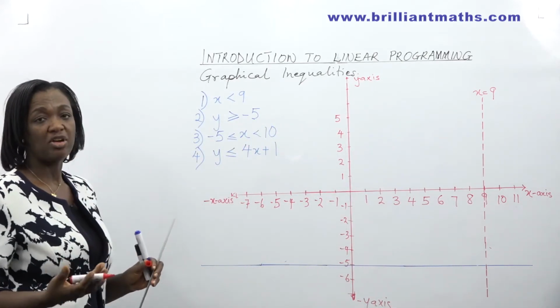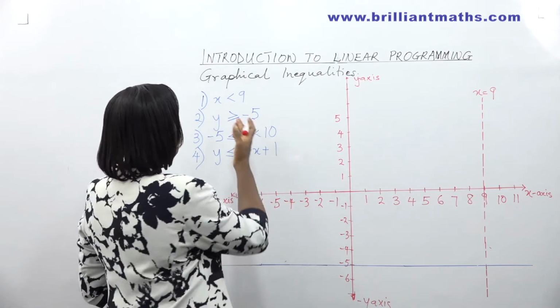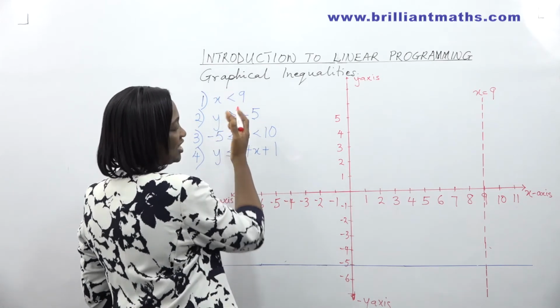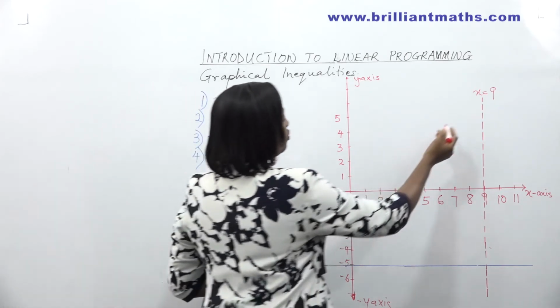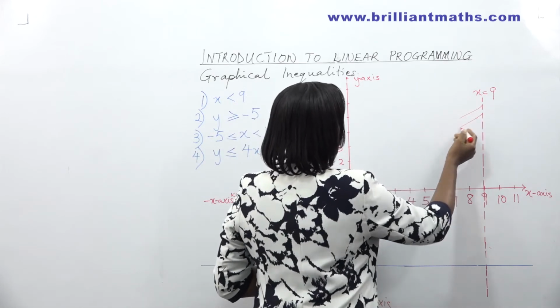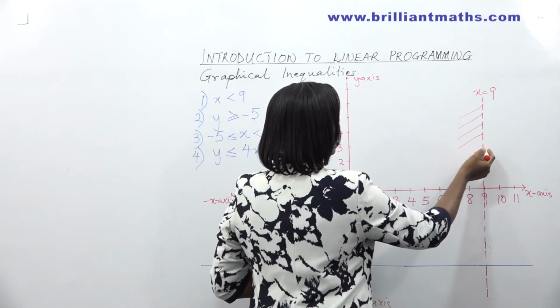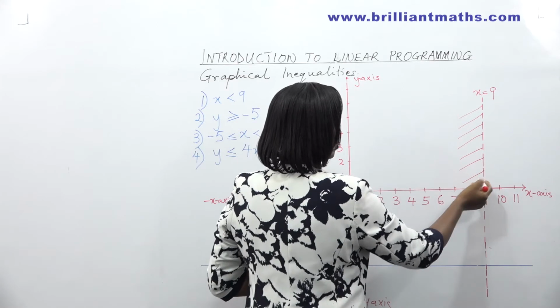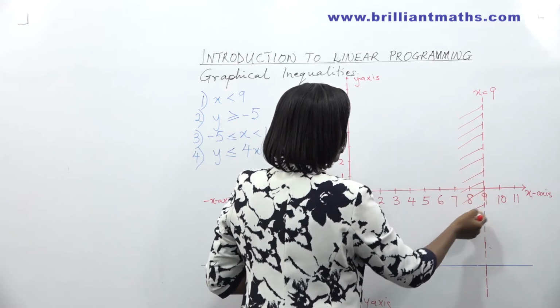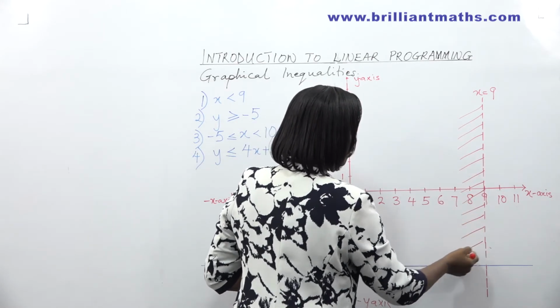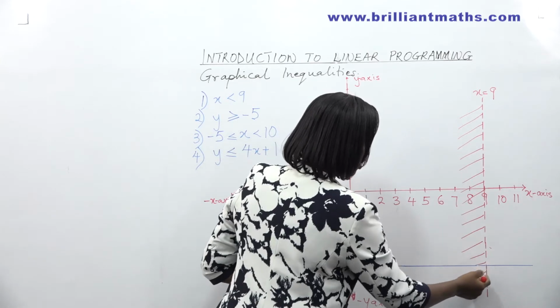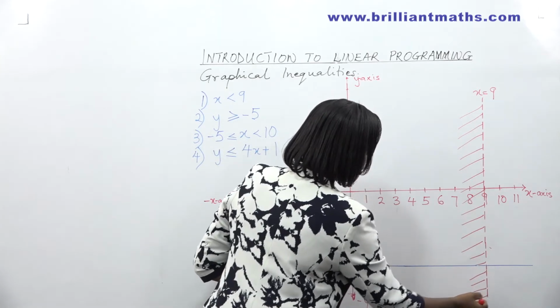If we were to shade the regions for x less than 9, we'll be shading every part of this. I'm just going to use light strokes since we are representing all of them on this graph.